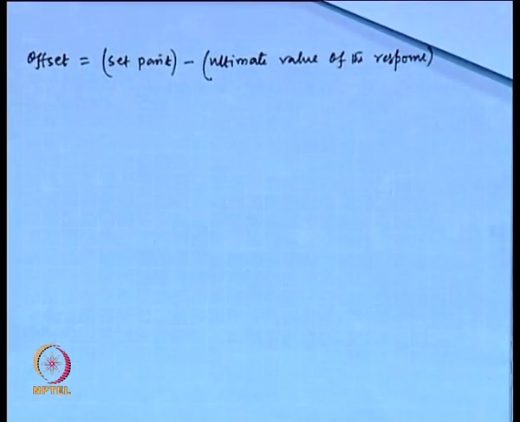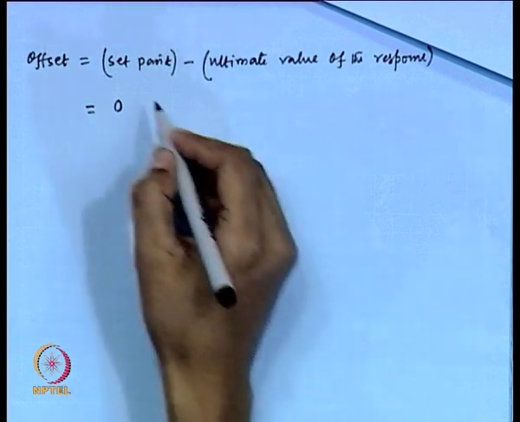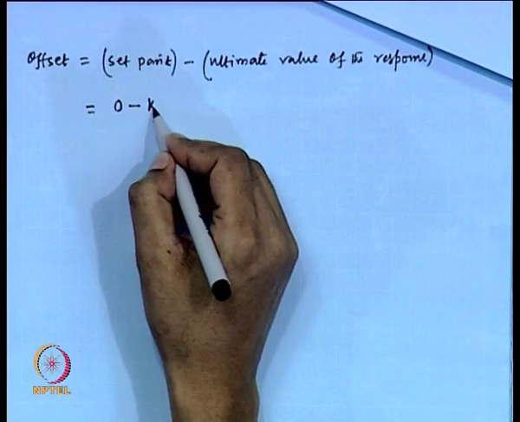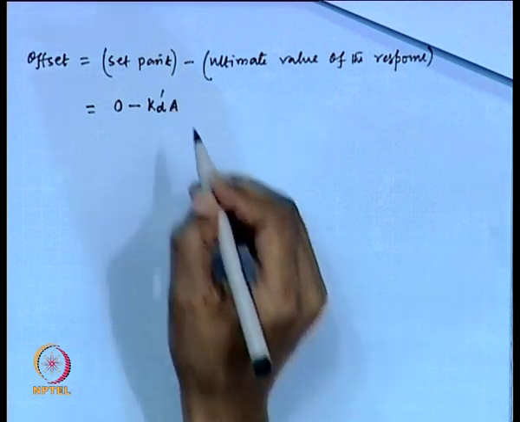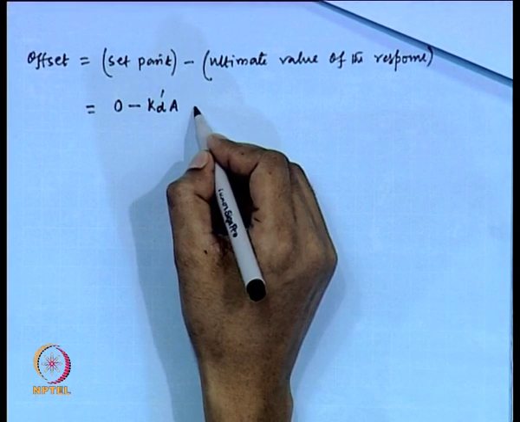The ultimate value of the response can be determined by the application of final value theorem. Anyway, how much is the set point? Set point is 0. And how much is the ultimate value of the response? K_d' A. Ultimate value of the response is K_d' A.